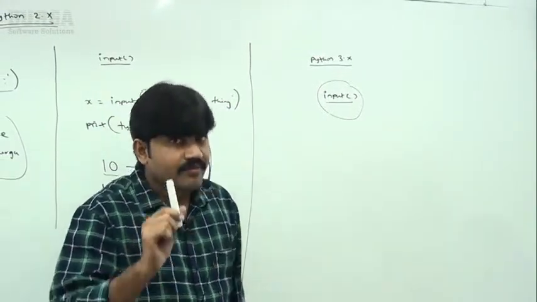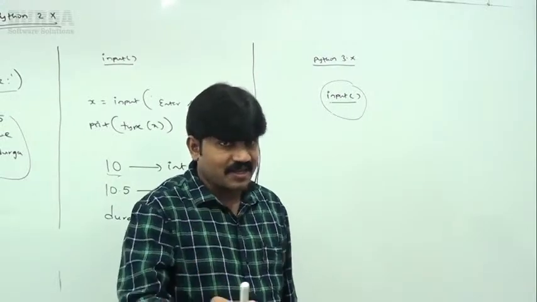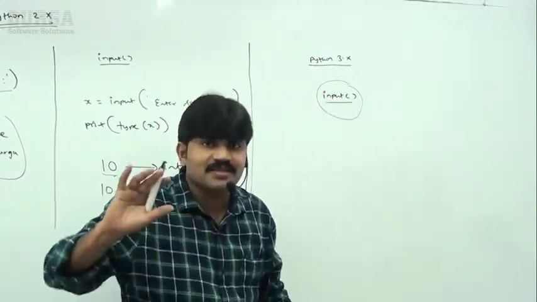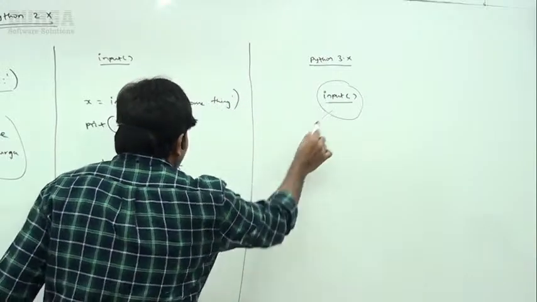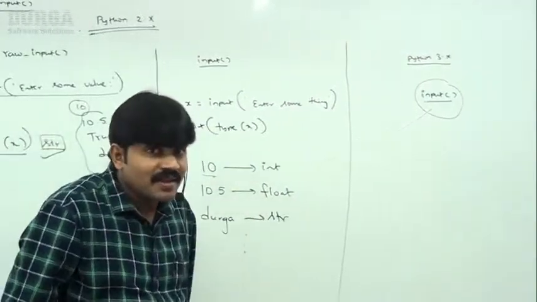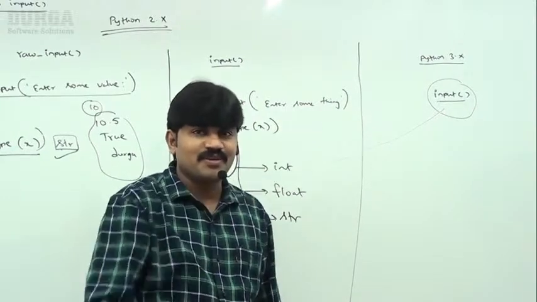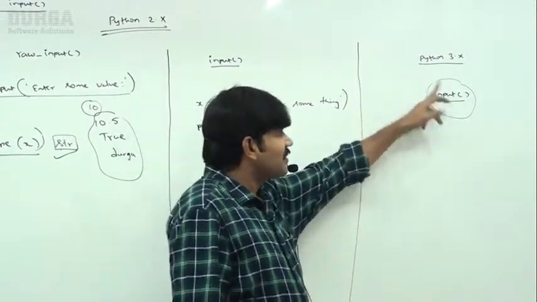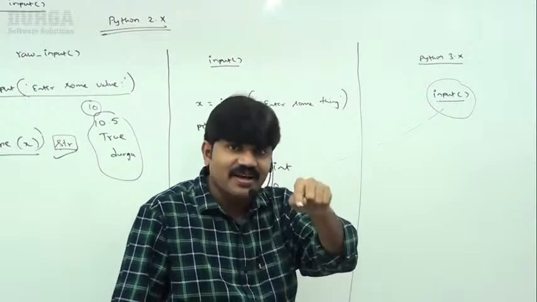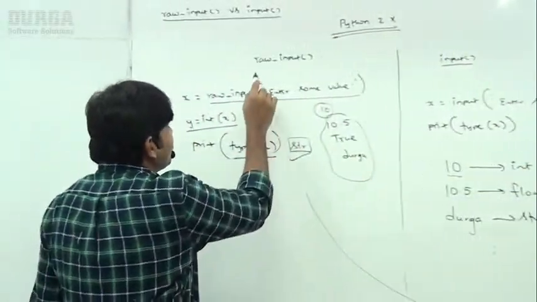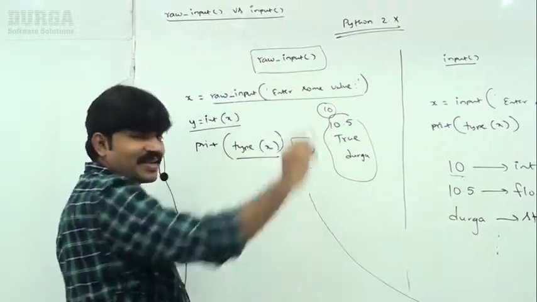Take very special care. The Python 3.x input function is not the same as the Python 2.x input function. The Python 3.x input function behavior is the same as the Python 2.x raw_input function.